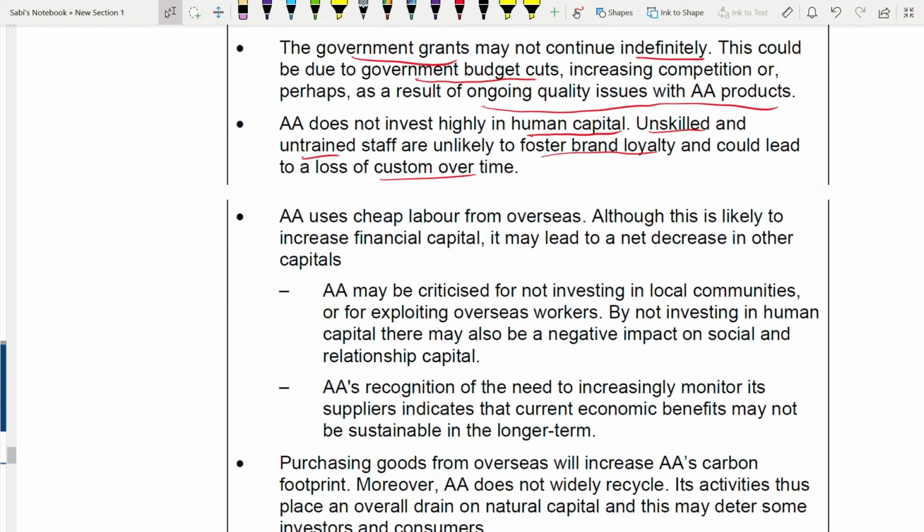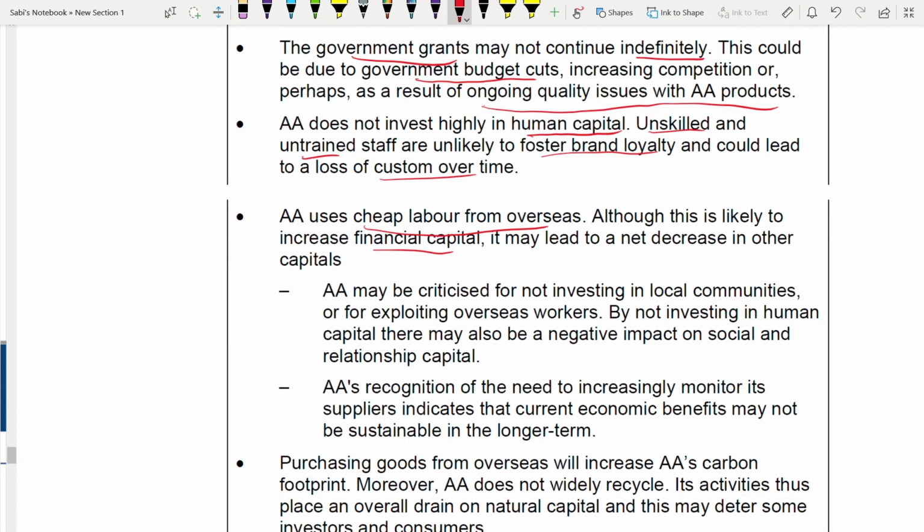Third point is also relating to financial capital, but here we are talking about the labor. Here also human capital only, but we are not talking about trained or untrained, skilled or unskilled. We are talking about cheap labor from overseas. It's true that because you are using cheap labor your cost is reducing.